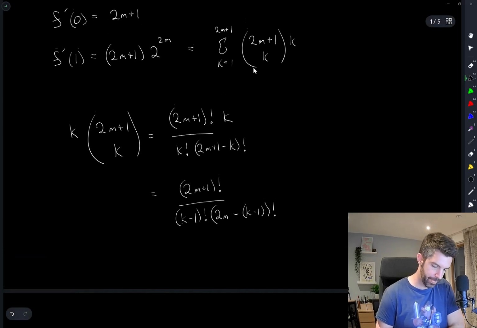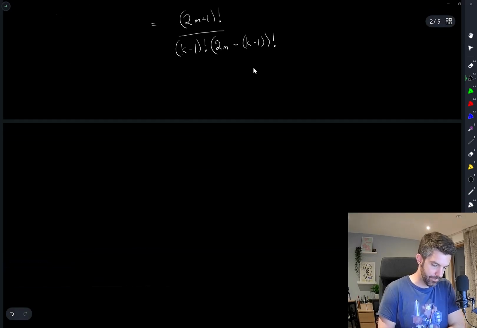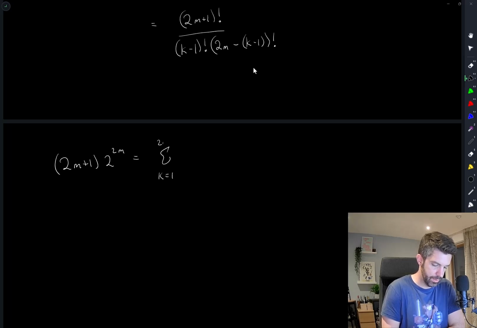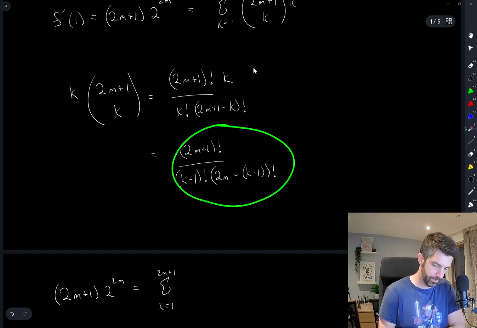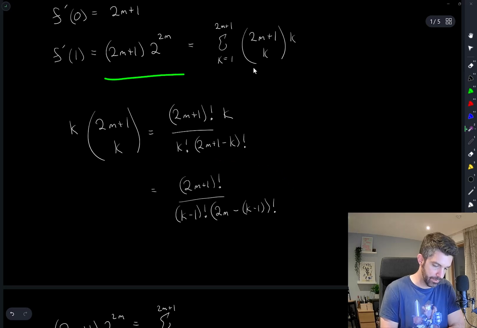Okay. So now, if I put everything together, I have (2m+1) times 2^(2m) is equal to the sum, as k goes from 1 to 2m+1, of this thing. All I've done is rewrite this equation, replacing that with this thing.